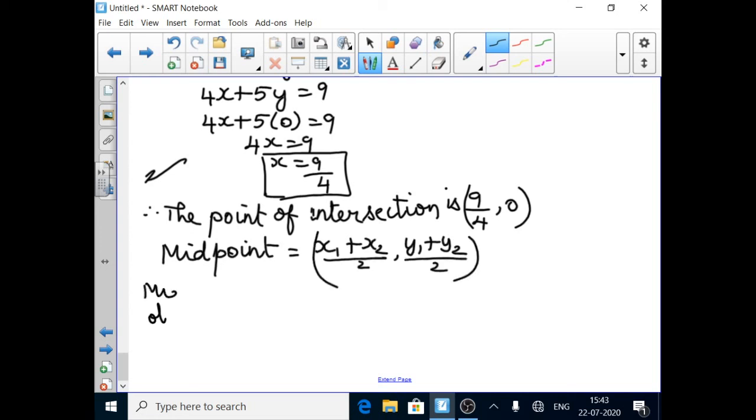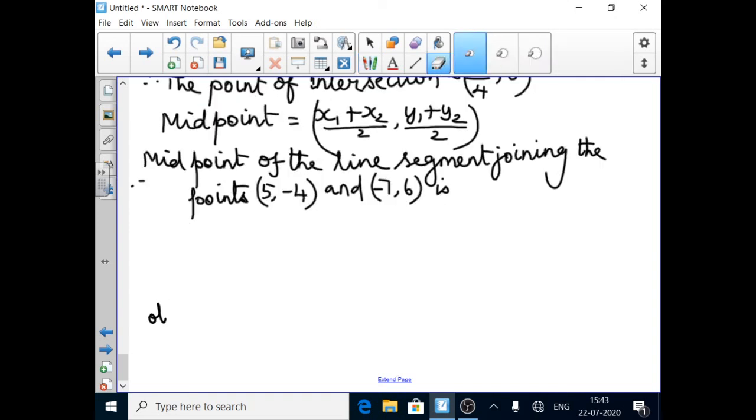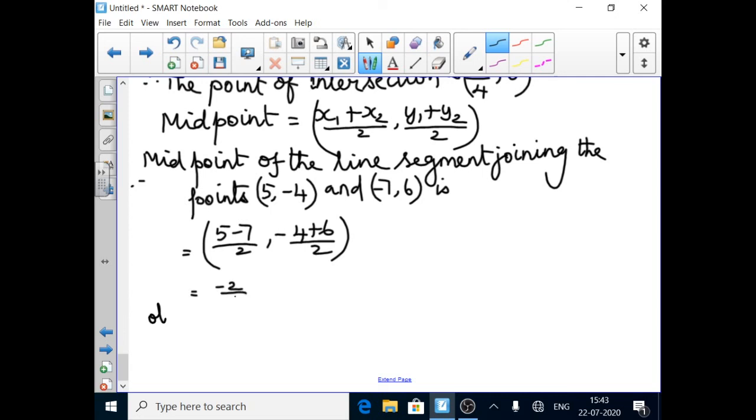So midpoint of the line segment joining the points 5 comma minus 4 and minus 7 comma 6 is 5 minus 7 by 2 comma minus 4 plus 6 by 2, that is equal to minus 2 by 2 comma 2 by 2. So the answer is minus 1 comma 1.